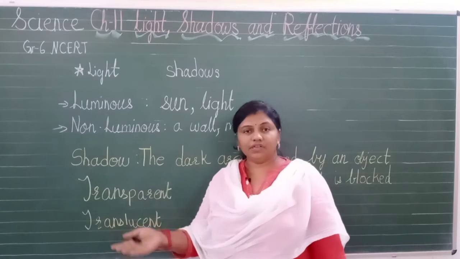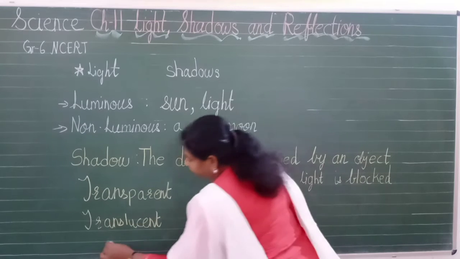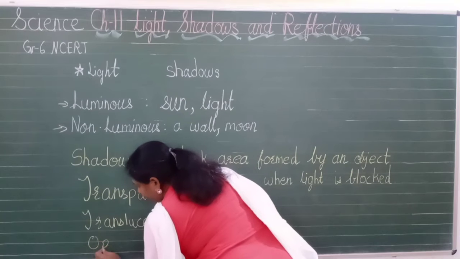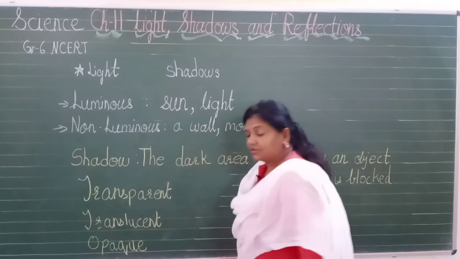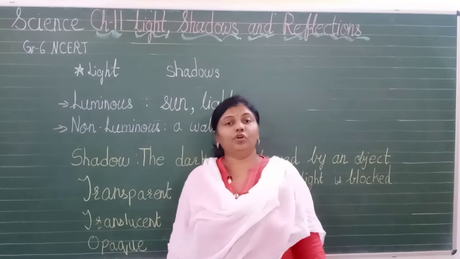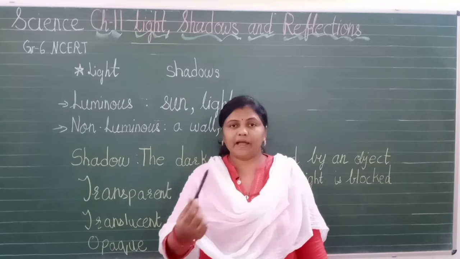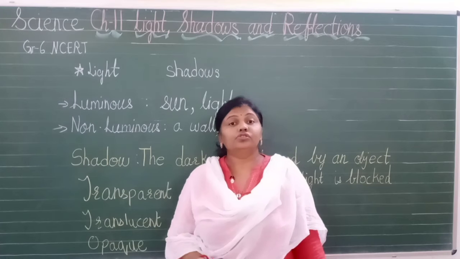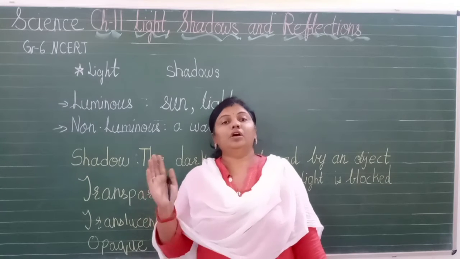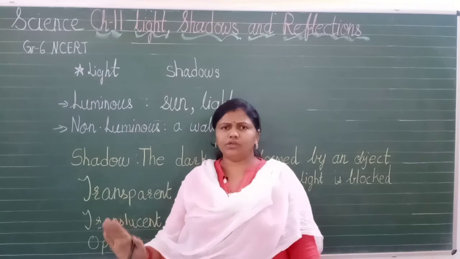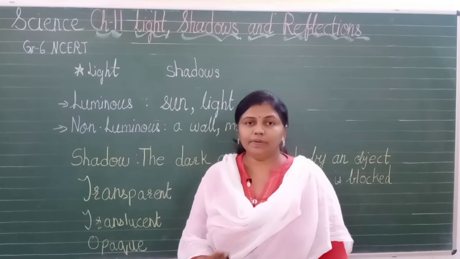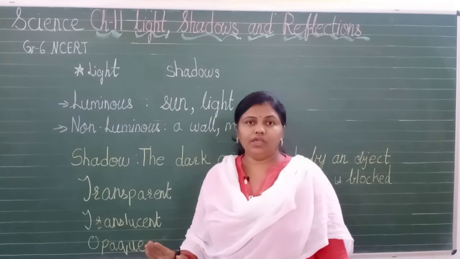And our third one is opaque. In the beginning I told you that light cannot pass through me, isn't it? So I am opaque. Opaque objects are those through which light cannot pass at all.